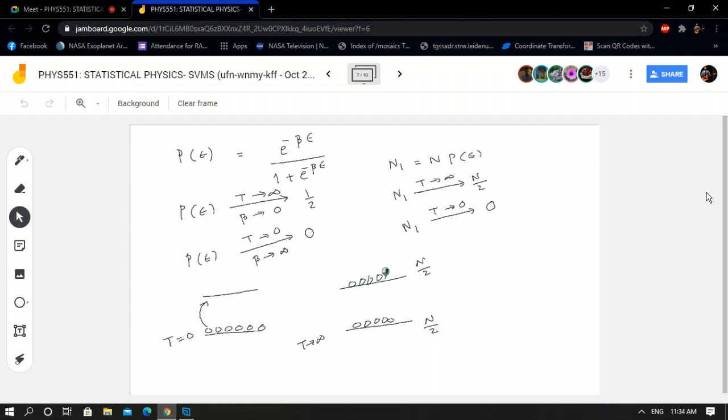At best, as you go on increasing your temperature, the maximum number of particles that you can on average get in the excited state is n by 2, even at infinite temperature. It can never be more than n by 2. Is that clear? That is the result we get by just analyzing this probability of the excited state.